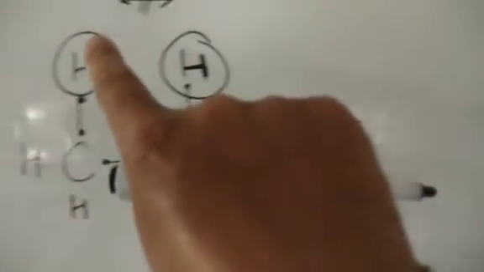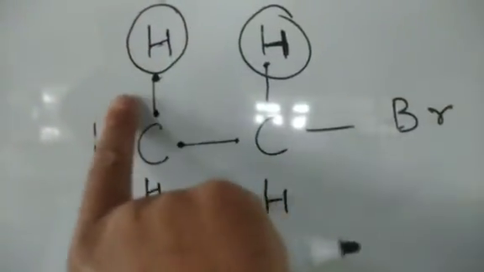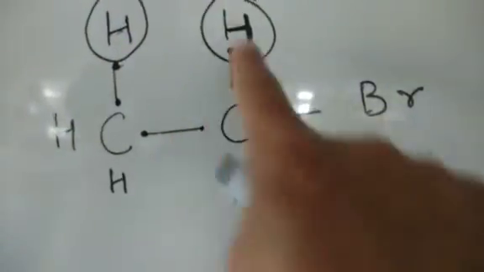Now, so we have a splitting. Now the question is how the splitting will occur. So if you have to split the peak of this proton, it depends on how many protons are on the adjacent carbons.